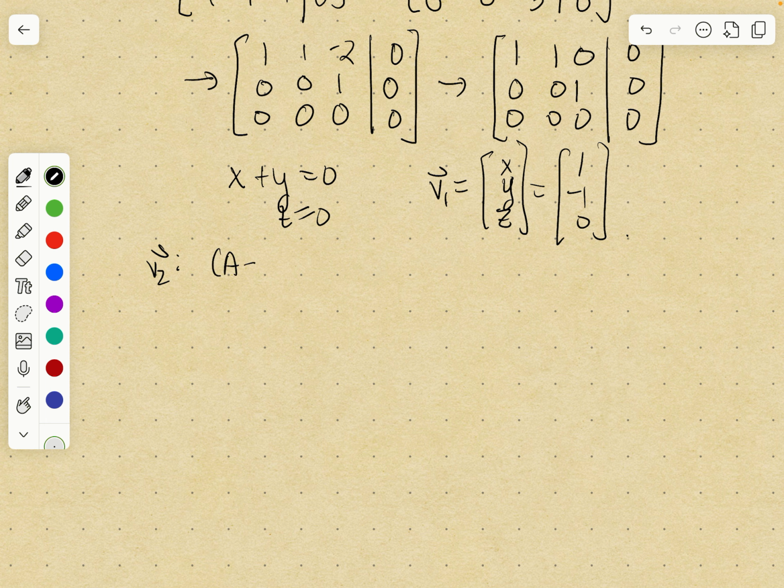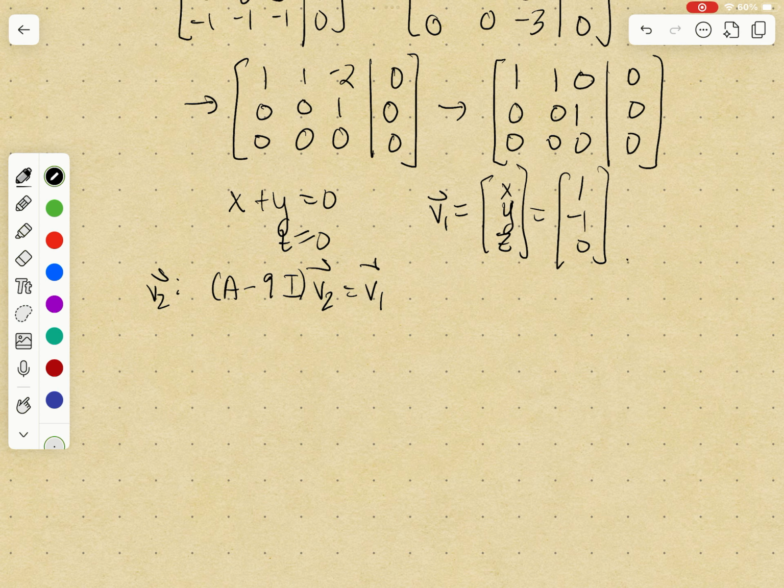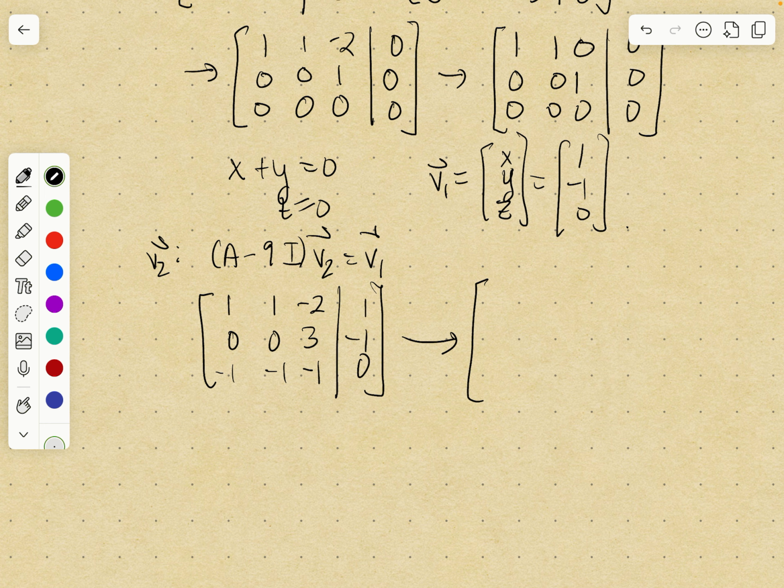And we need to solve (A minus 9I) v2 equals v1. Well, if you do that, I'm just going to skip to the end because I think we already know how to do this.